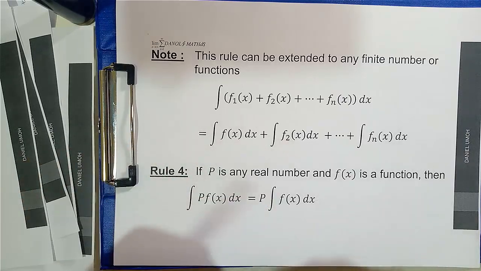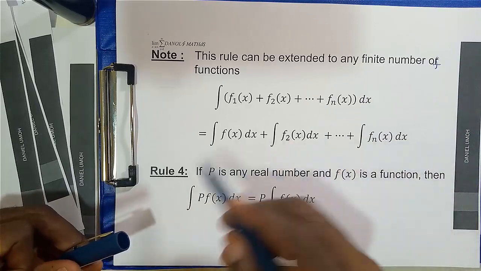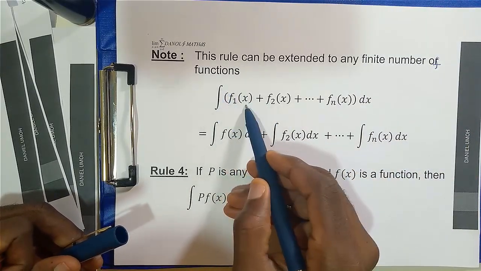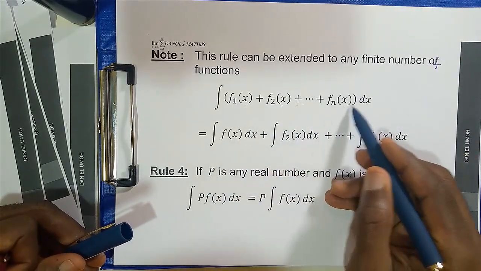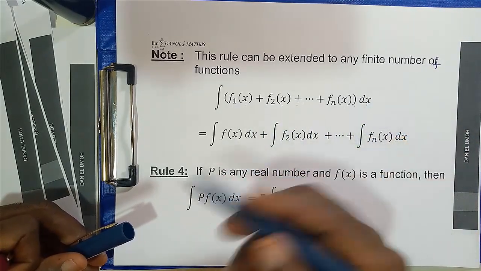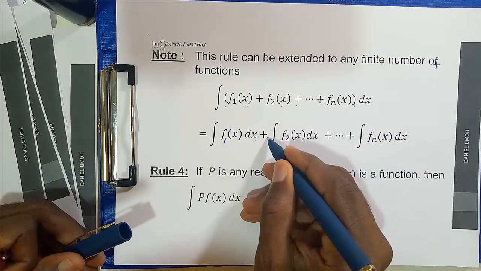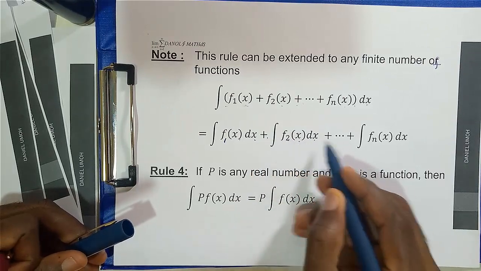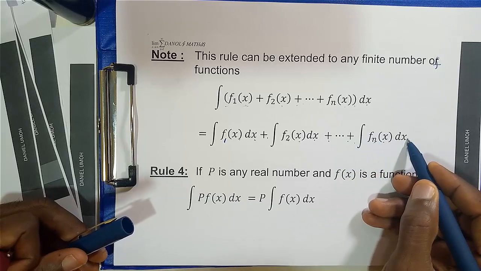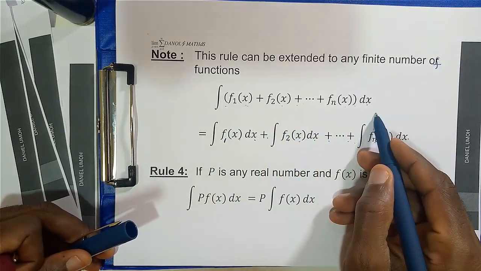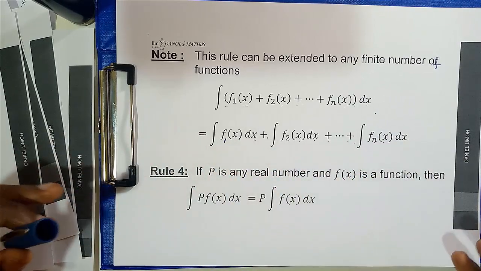For instance, if you are asked to find the integral of f1(x) plus f2(x) plus dot dot dot, and so on till fn(x) dx, this is simply equal to, take the first one, f1(x) dx plus f2(x) dx plus and so on plus fn(x) dx. So for any number of functions, you can always separate them and integrate each term.